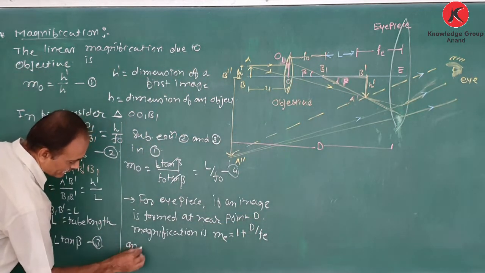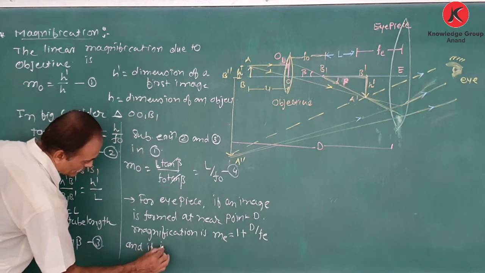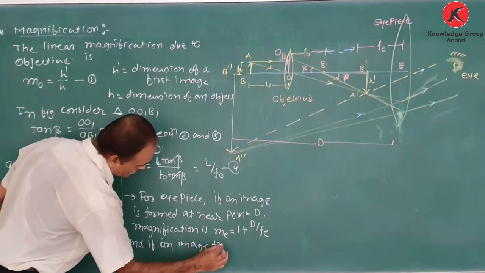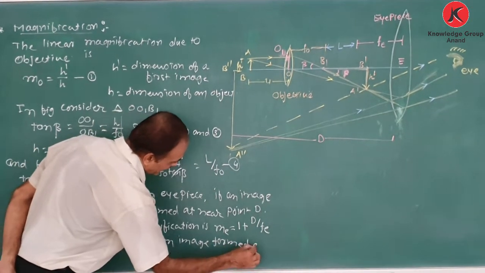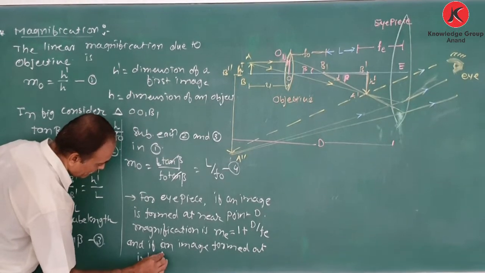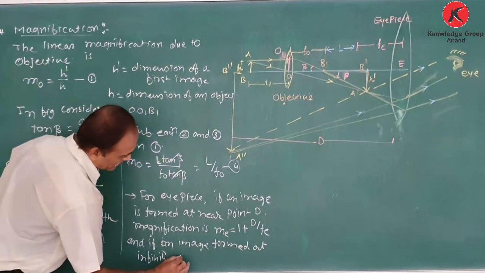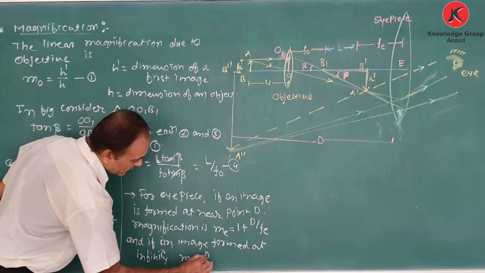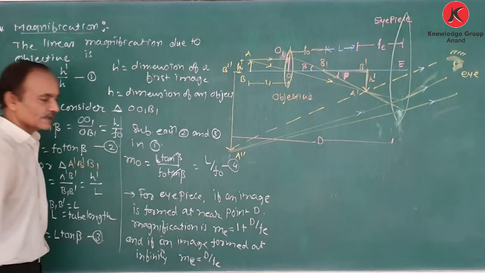And if the image is formed at infinity, the ME is equal to D upon F.